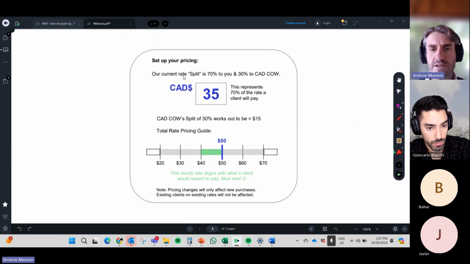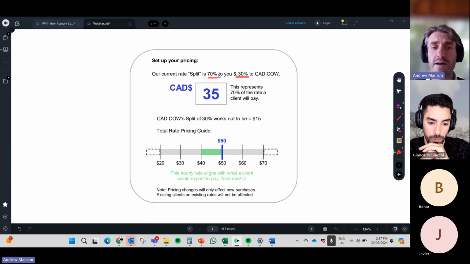Our current rate split is 70-30. This is speculative, as you can see by the pie chart previously. We're still figuring this out, but let's just say this was on the platform, and you would be able to see, okay, our current split is 70-30.